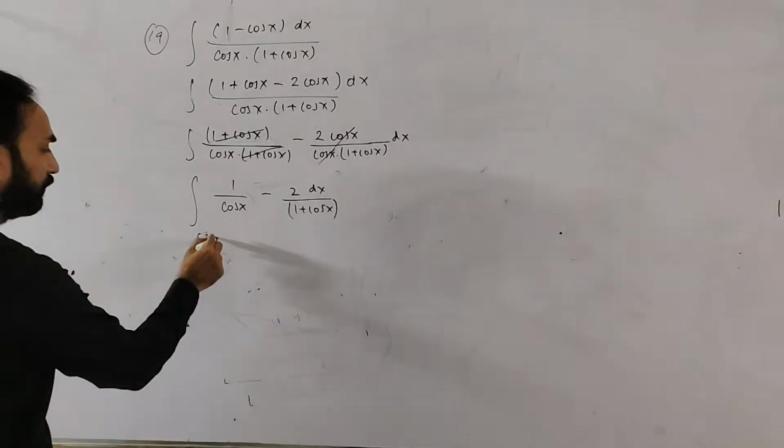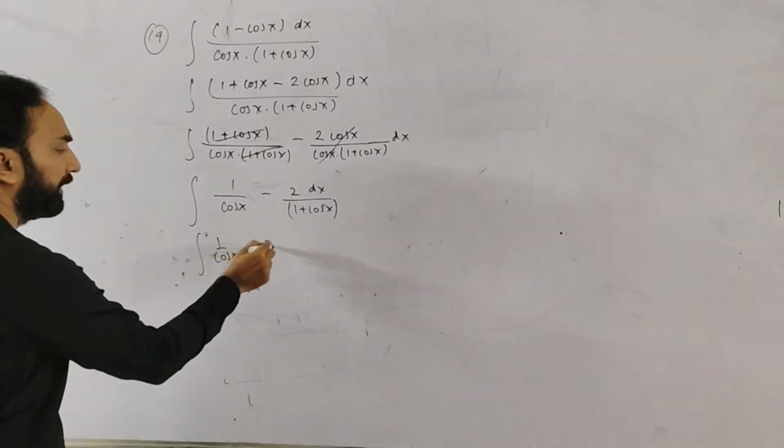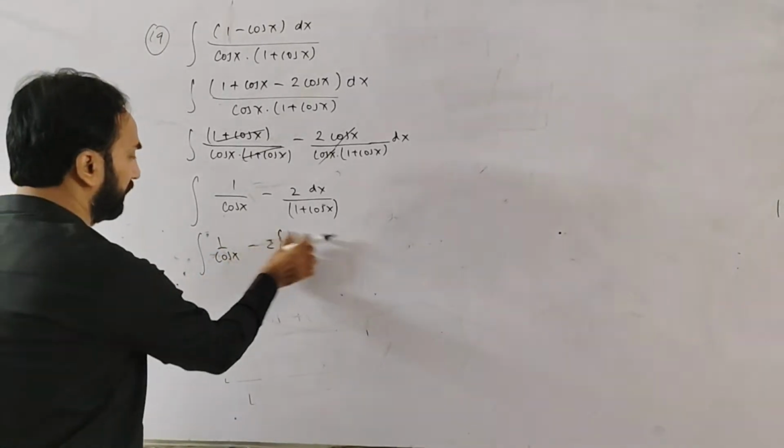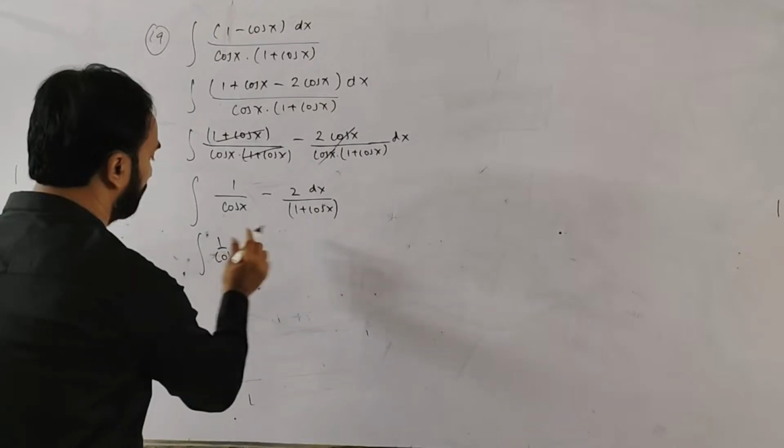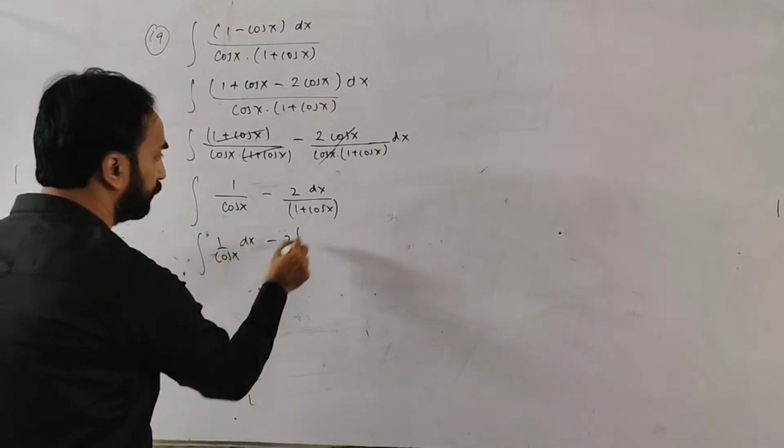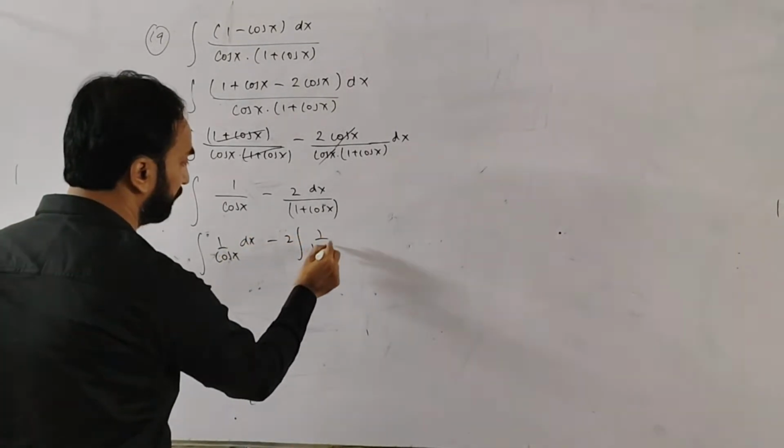Right? 2 has nothing to do with the integral now. So first of all, 1 upon cos x dx minus 2, separating it all, and this will become 1 plus cos x.